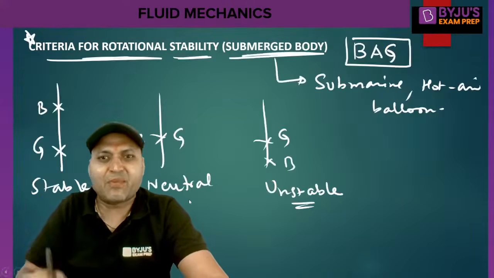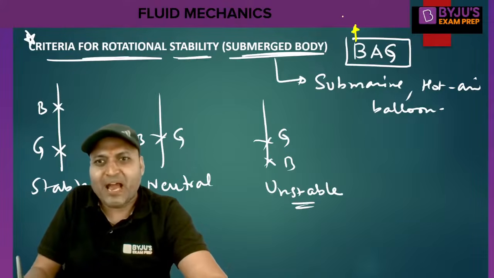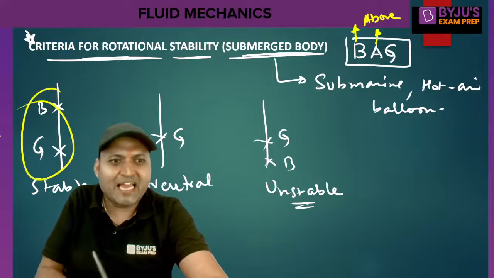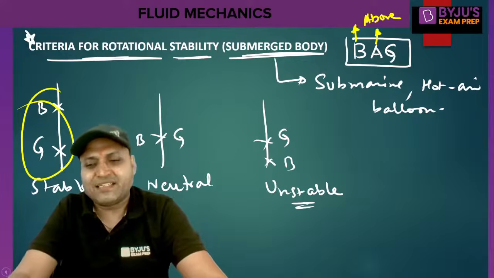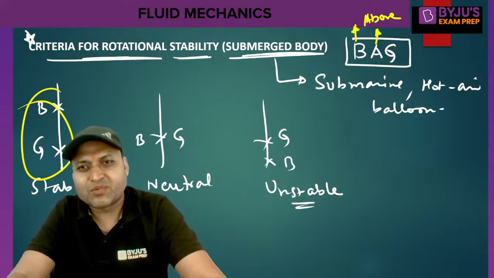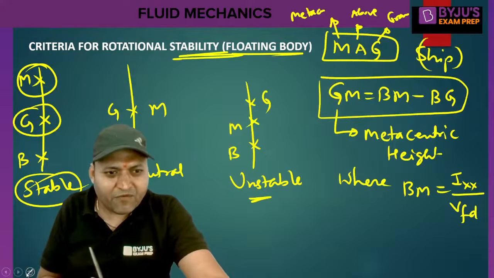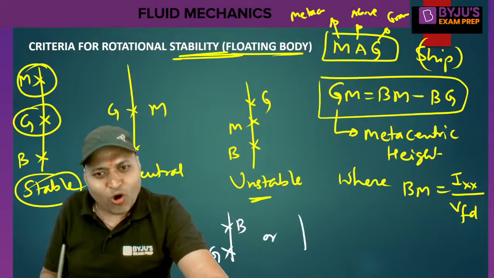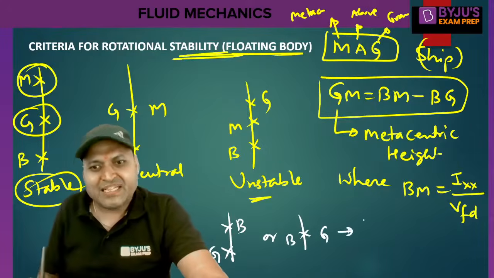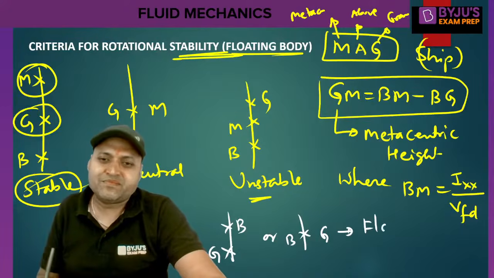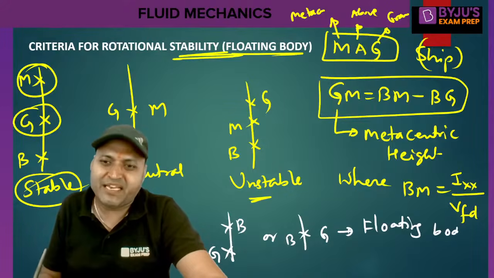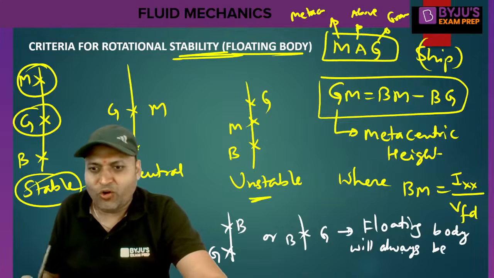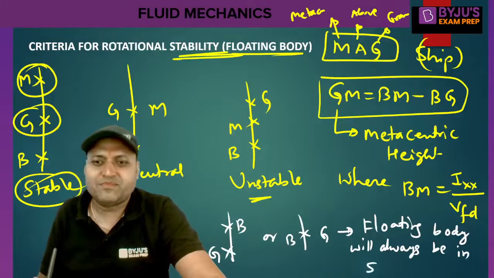In the same way, in the previous slide I said BAG: center of buoyancy must lie above center of gravity. If the center of buoyancy is lying above center of gravity, then it is stable equilibrium for a submerged body. If B is lying above G or B and G coincide, then a floating body will always be in stable equilibrium.